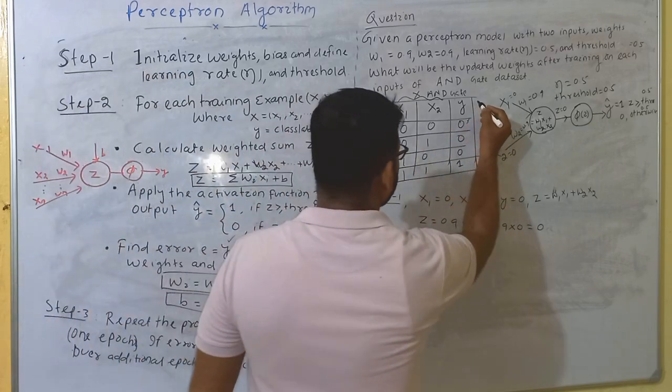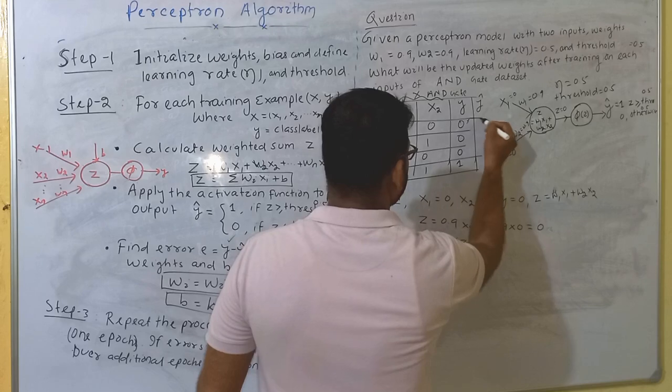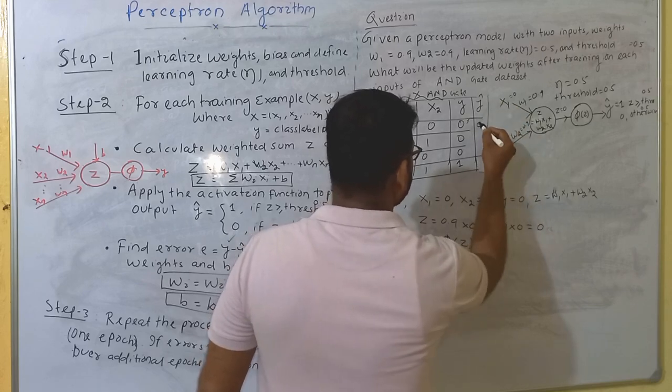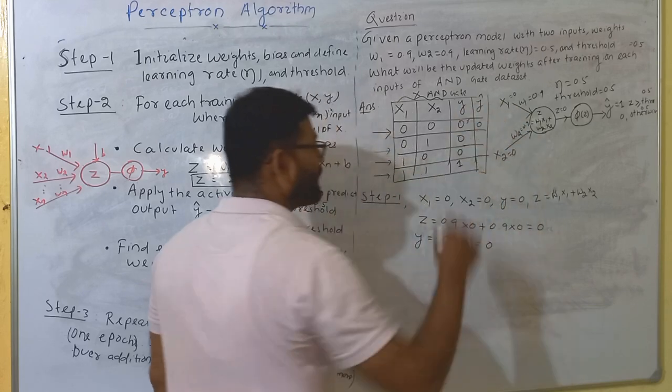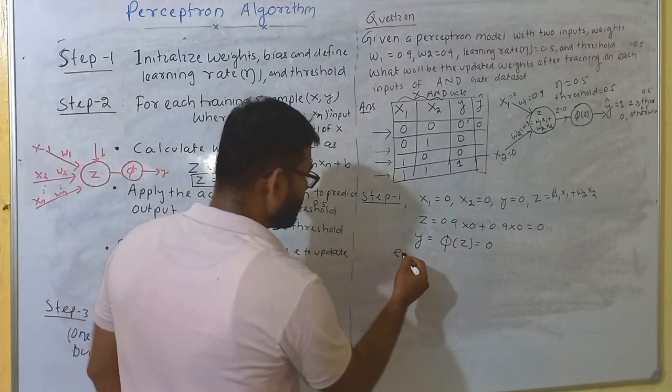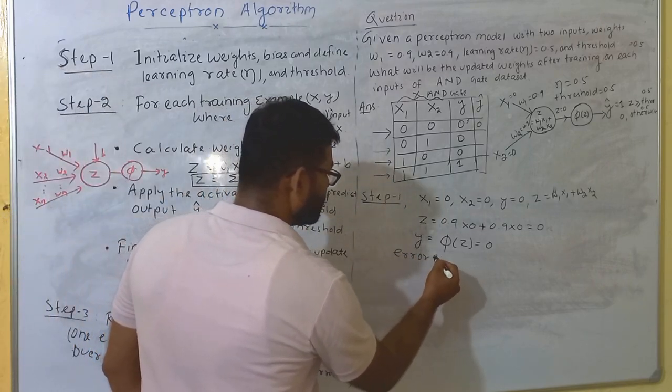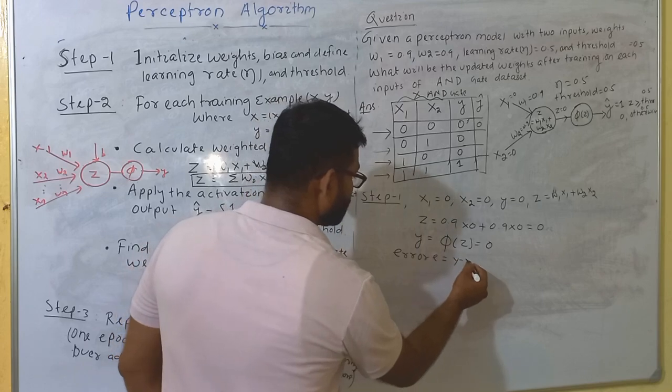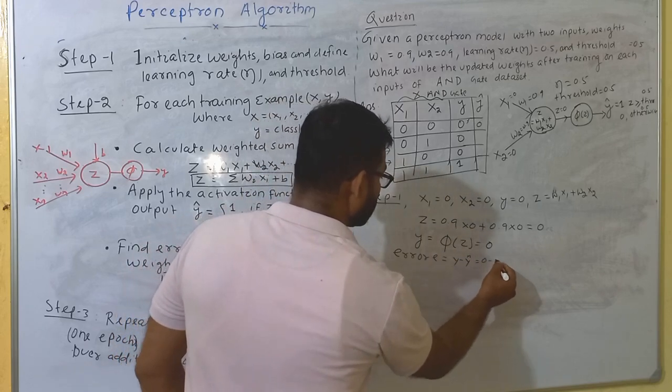In this table, the real output is 0 and the predicted output is 0. Then what is the error? The error is y minus y cap, 0 minus 0, which is 0.